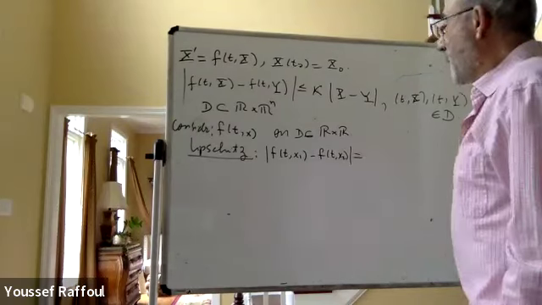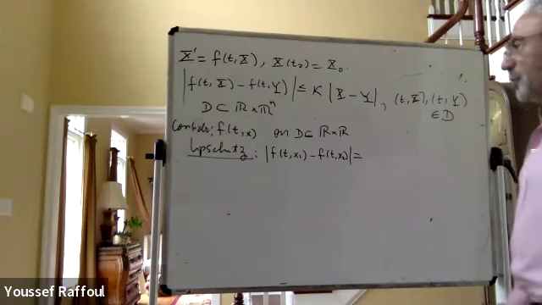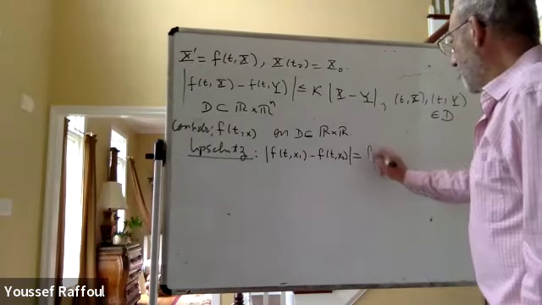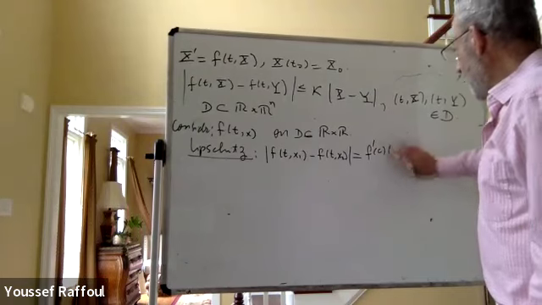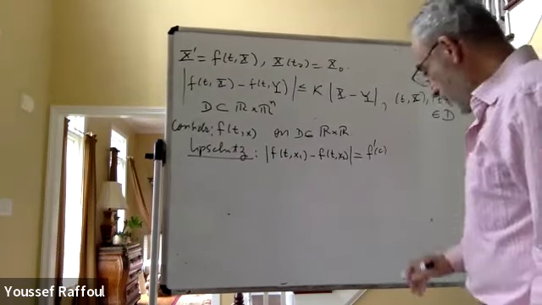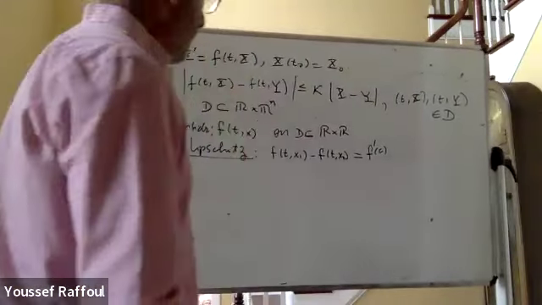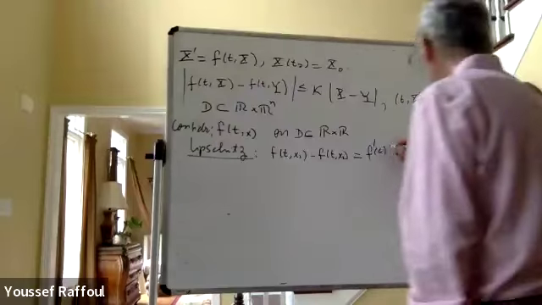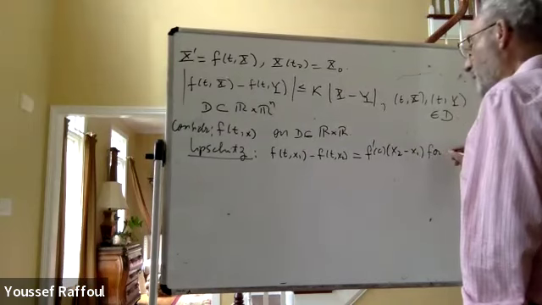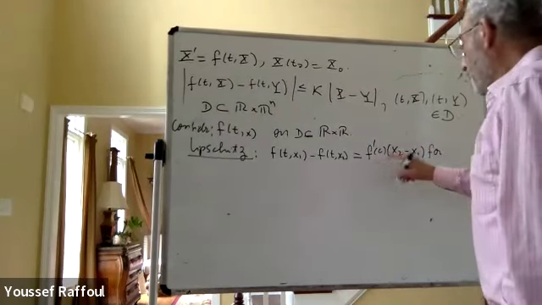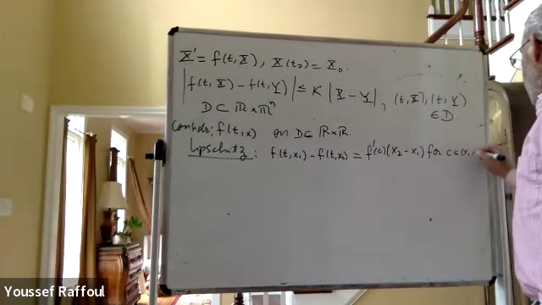Remember what this is. This is equal to f prime of c times, or let me drop the absolute value, f prime of c times x2 minus x1, for c in (x1, x2).